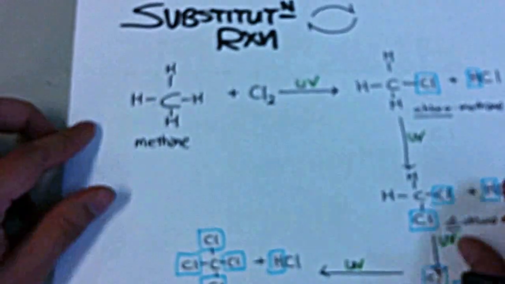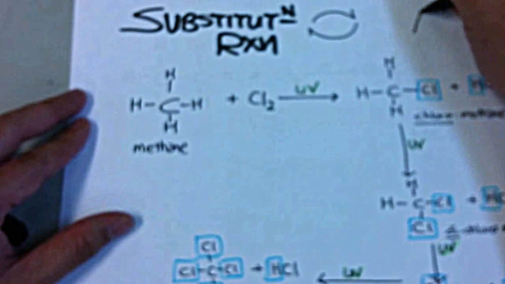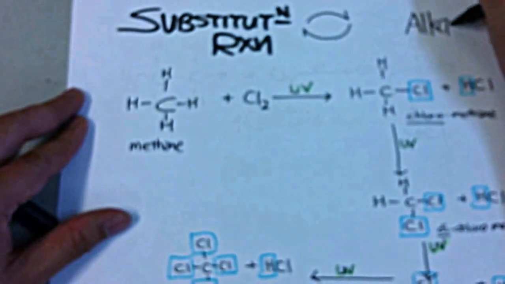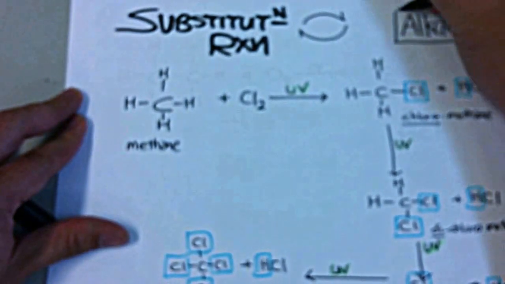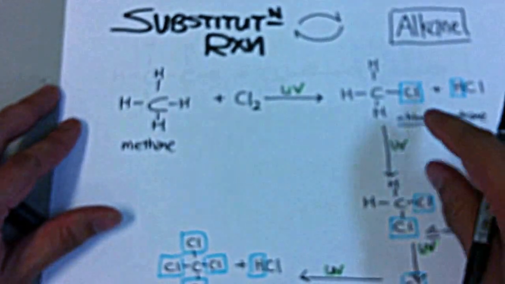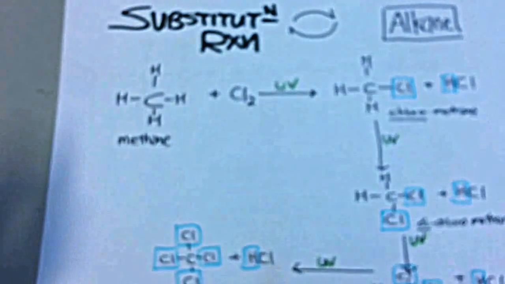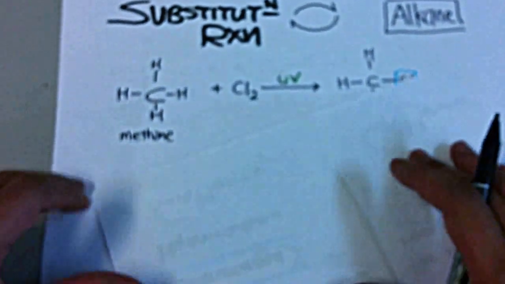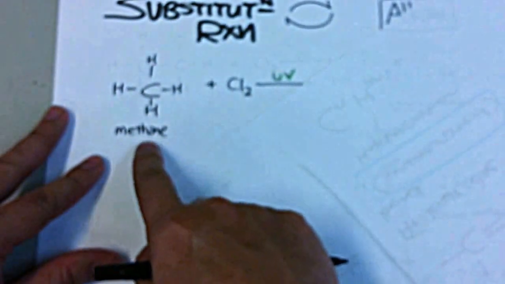Okay, let's talk about the reactions of alkanes. You know that just now alkanes go through combustion, and alkanes also go through a substitution reaction. Let's take an example, methane.